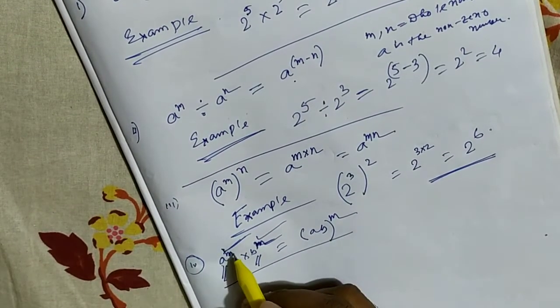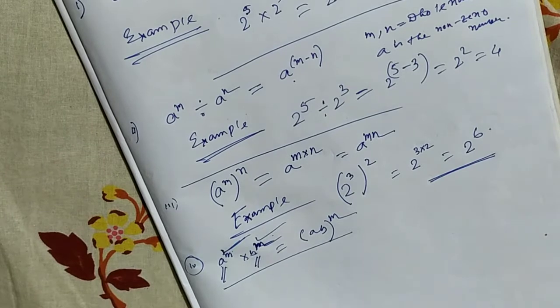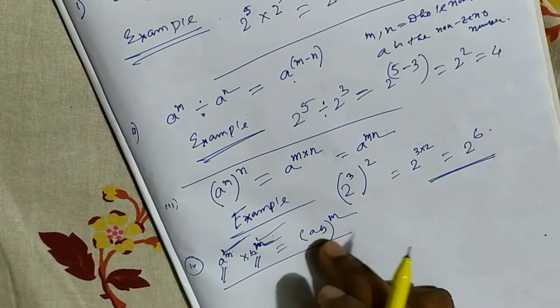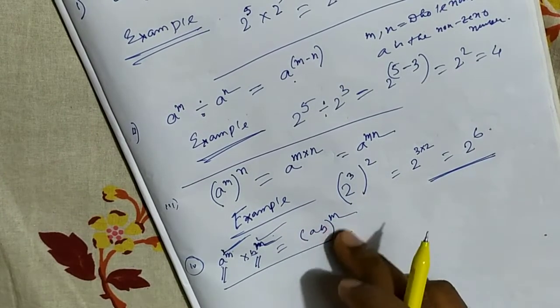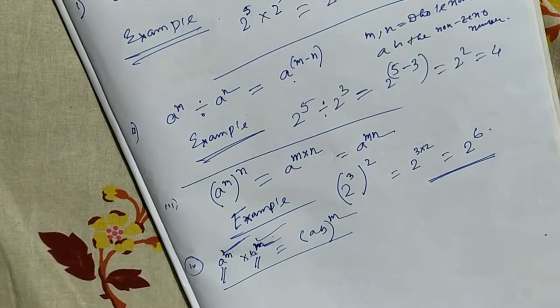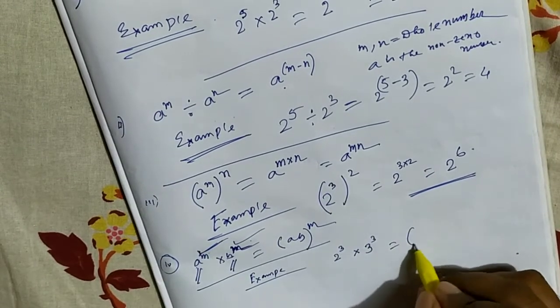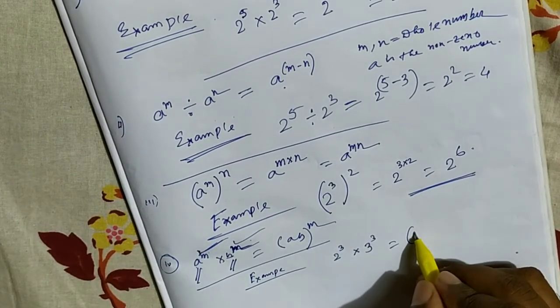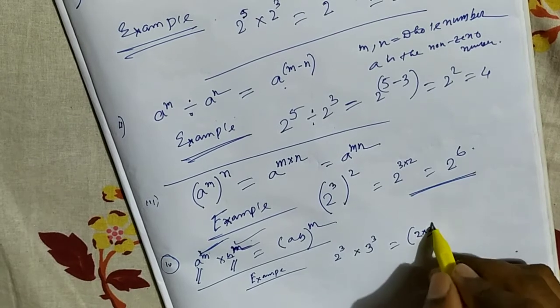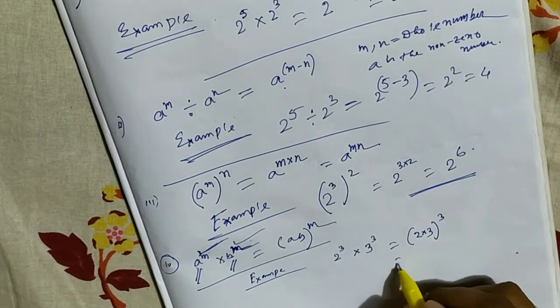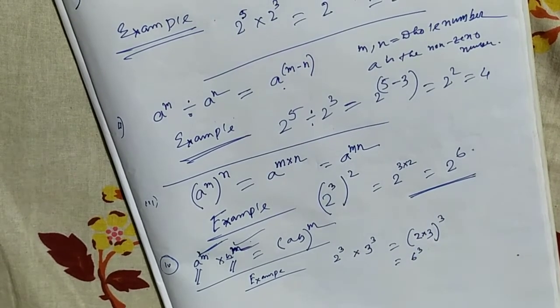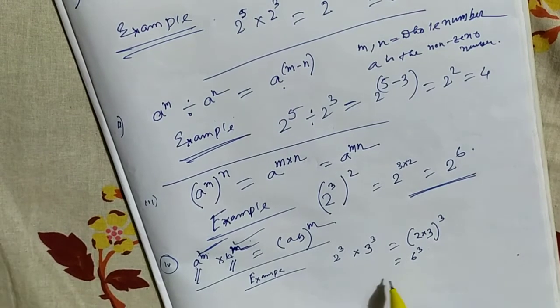Therefore, a to the power m into b to the power m is equal to ab whole to the power m. For example, 2 to the power 3 into 3 to the power 3 is equal to, as per law, 2 into 3 whole to the power 3. Therefore, 6 to the power 3. This is the answer.